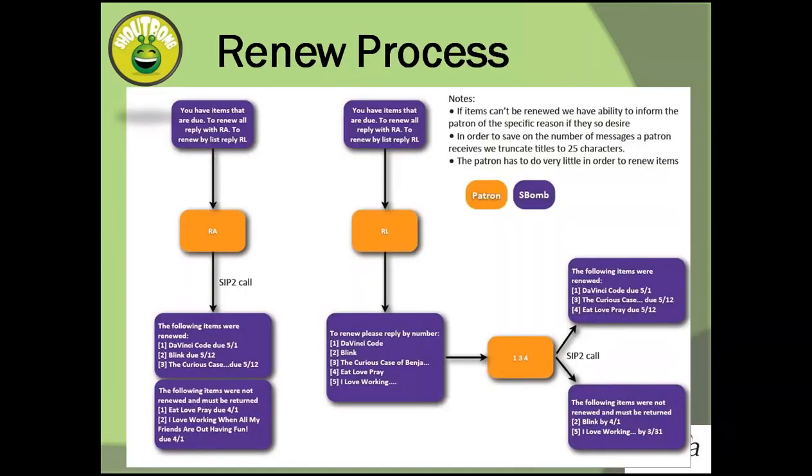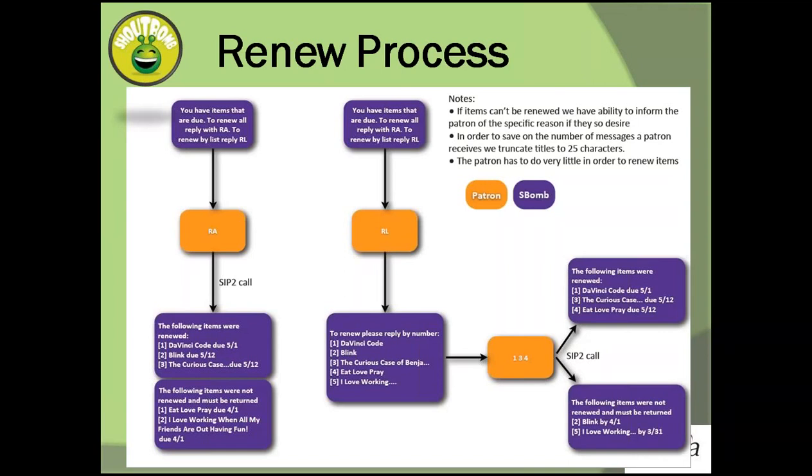So one of the great options we have is the ability for folks, once they get a courtesy renewal notice from us, to renew all their eligible items that the message relayed with just a simple reply with a small keyword, RA.